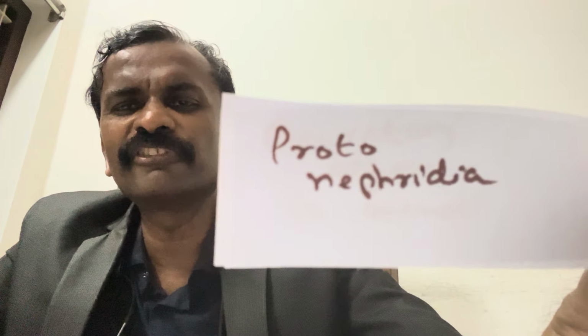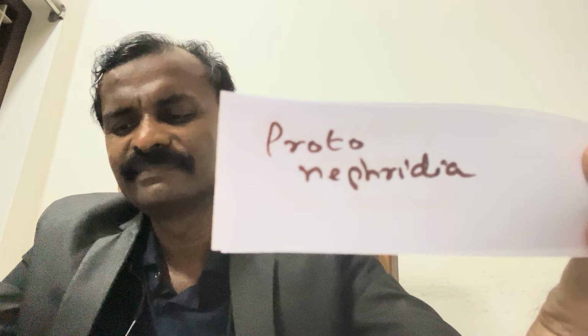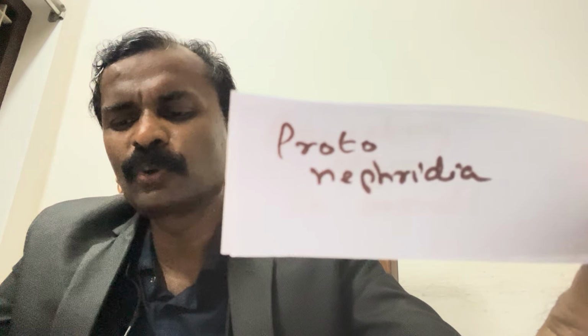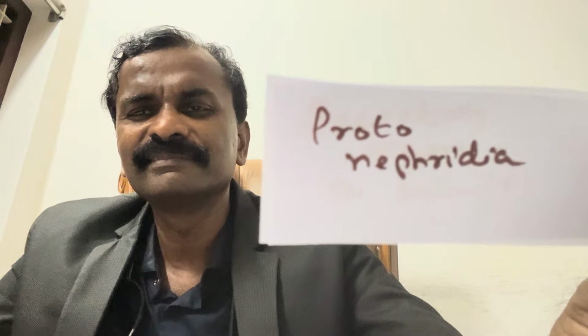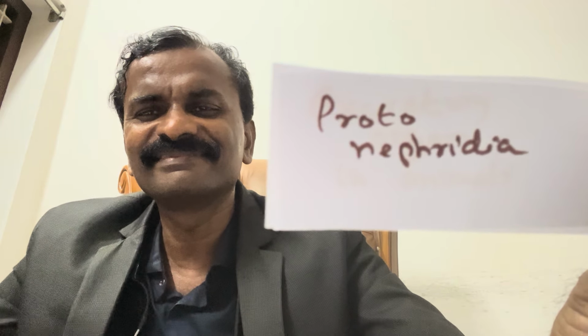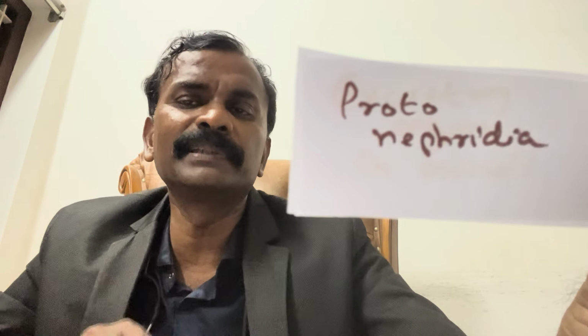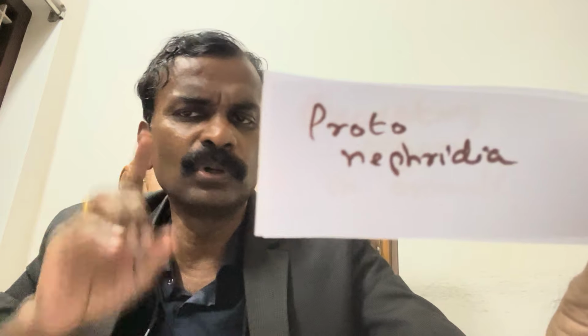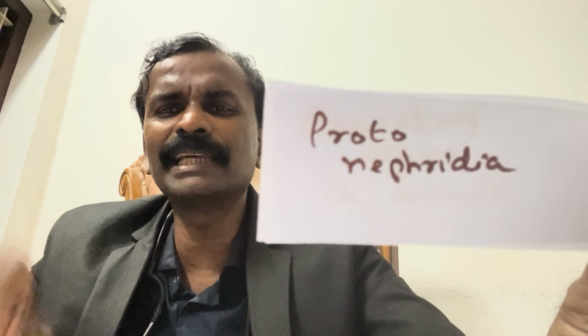Okay, now next point. Protonephridia. What is the question? See, my way of teaching is totally different. If you study like this, you can save your time in the examination hall. No recalling inside, you can just shoot the answer and come out.